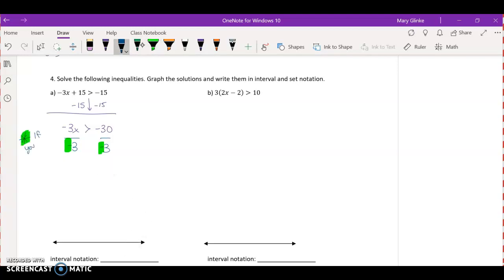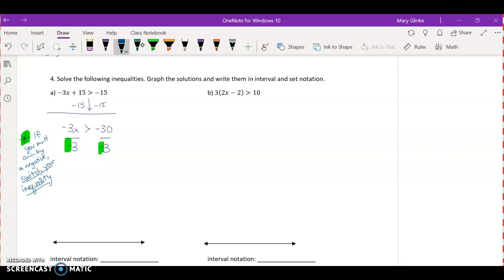If you are multiplying or dividing by a negative, you must switch your inequality. You have to switch your sign.